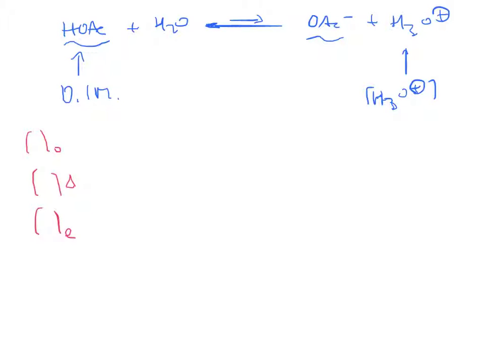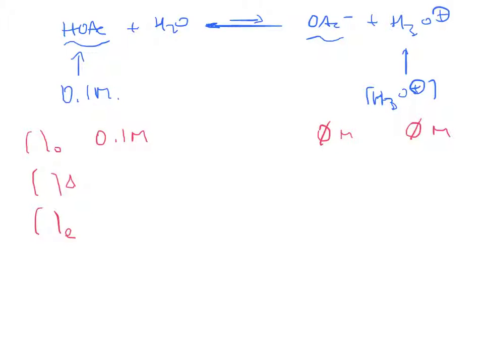So in the beginning, our solution has a concentration of 0.1 molar in acetic acid. It has a concentration of 0 molar, practically speaking, of acetate ion, and a very low concentration, again practically 0, of H3O plus.